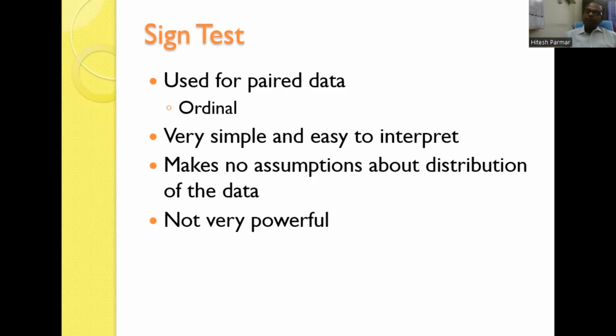Obviously marks, because if we have rank, we cannot get the marks. But if we have marks, we can convert it into rank. And we are assuming these numbers 1, 2, 3, 4. Though we are giving the ranking, the distance is not equal, we are losing the information. So from that point of view, these non-parametric tests are not powerful.